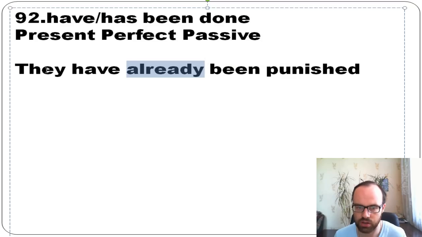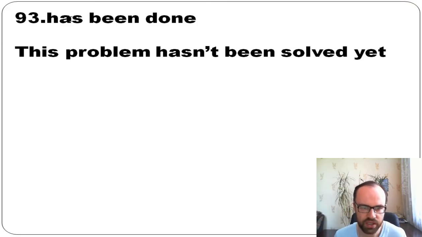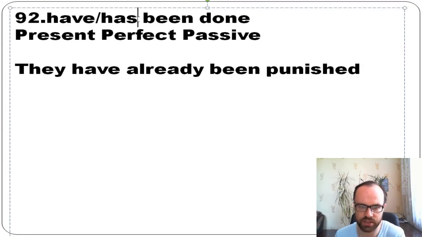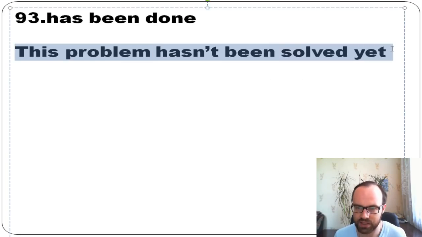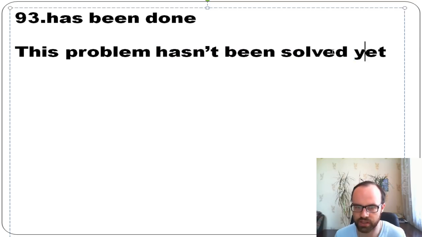They have been punished, and already we put in the middle. They have already been punished. It's have been done, or we can use has for he, she, it. This problem hasn't been solved yet. Hasn't been and past participle, hasn't been solved yet. We put yet at the end of the sentence.